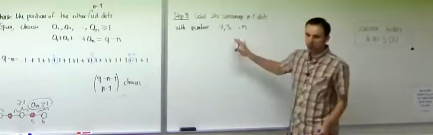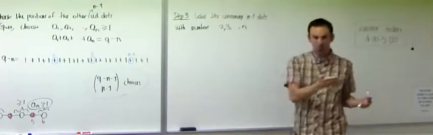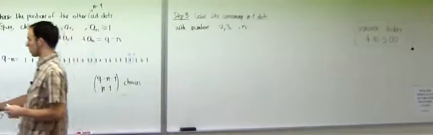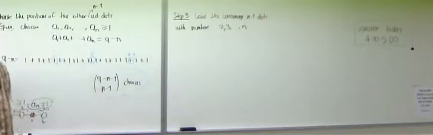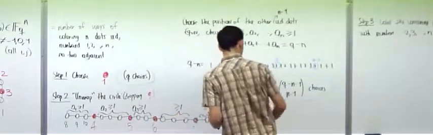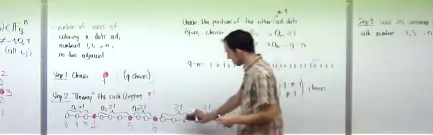How many ways are there of doing this? Well, this is just a permutation of the numbers from 2 up to n, right? In this case, we chose this permutation to be 4, 5, 6. Well, maybe I shouldn't write it here because this is not part of step 2.